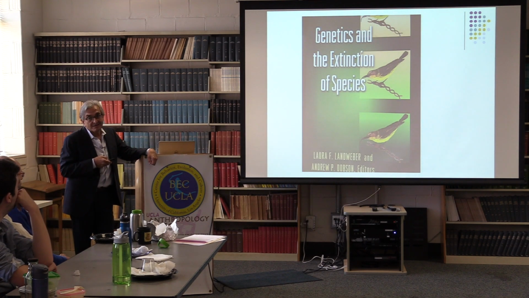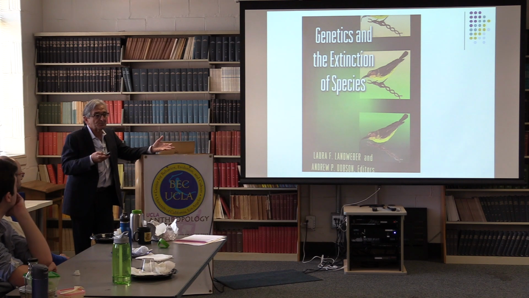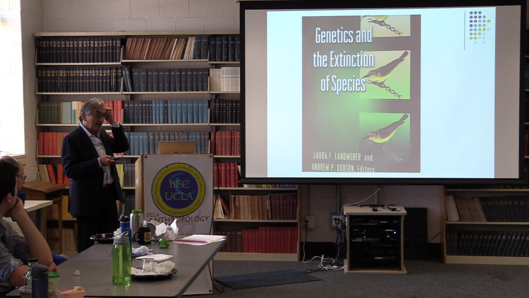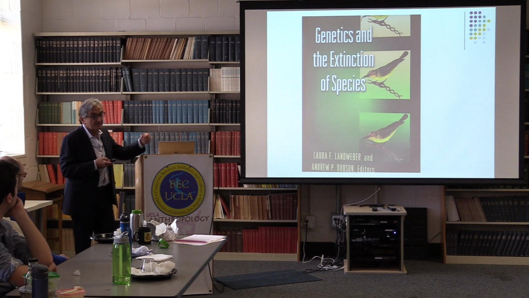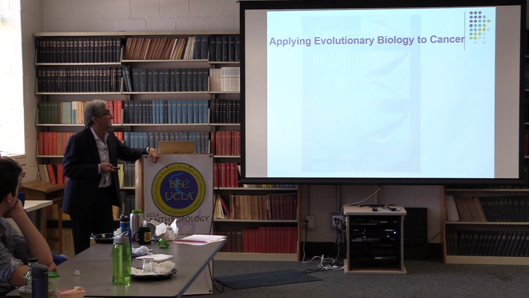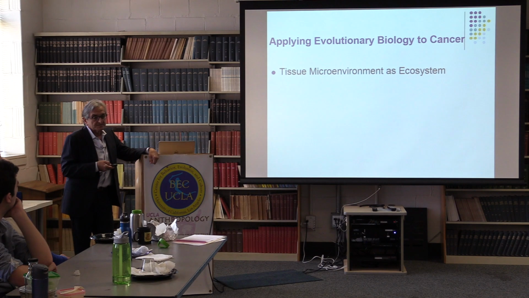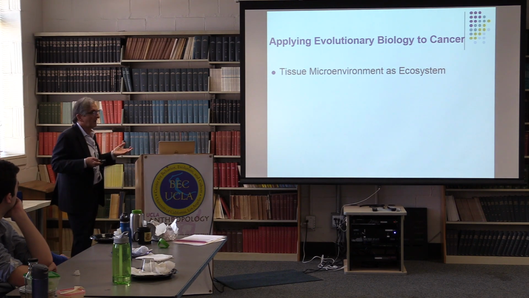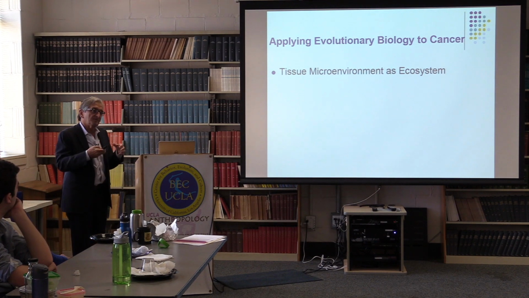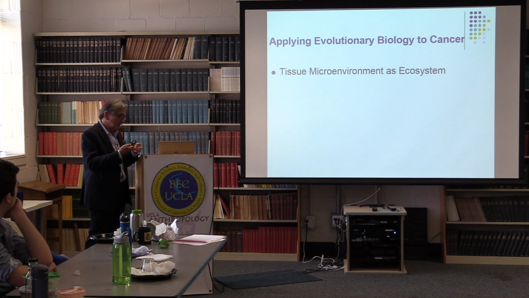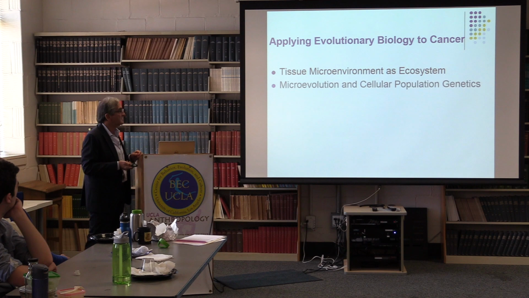Again, one can go back to the basic principles of how species have gone extinct, because I think it clearly does apply to what we try to do in the clinic. So the implications of all this are that we need to think of the tissue microenvironment where the cancer population is growing as an ecosystem.